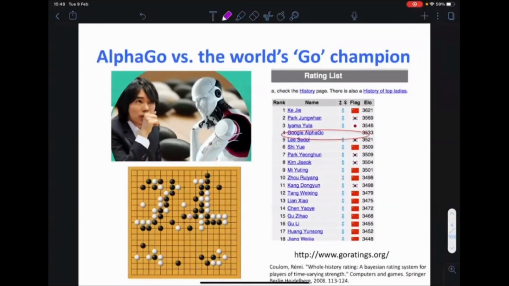AlphaGo is the same thing. This is one of the oldest slides about AlphaGo, when it was ranked 4 dan. But in fact, now it is better than any human being at playing Go.